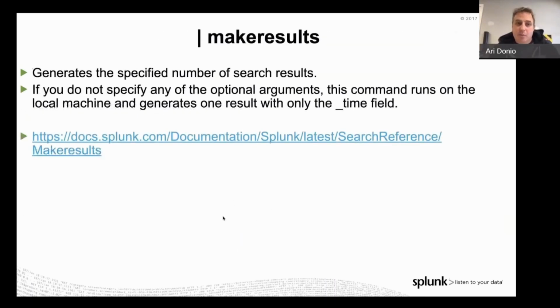A little bit about the command. Make results is really a generating command. It generates a specified number of search results, from 1 up to how much the memory allows. And if we do not specify any arguments, it really generates just the time fields. More to read in the documentation about make results.